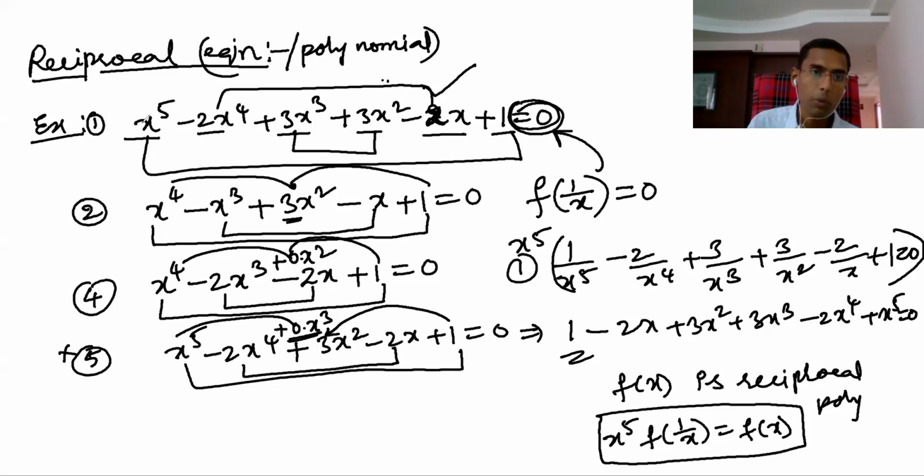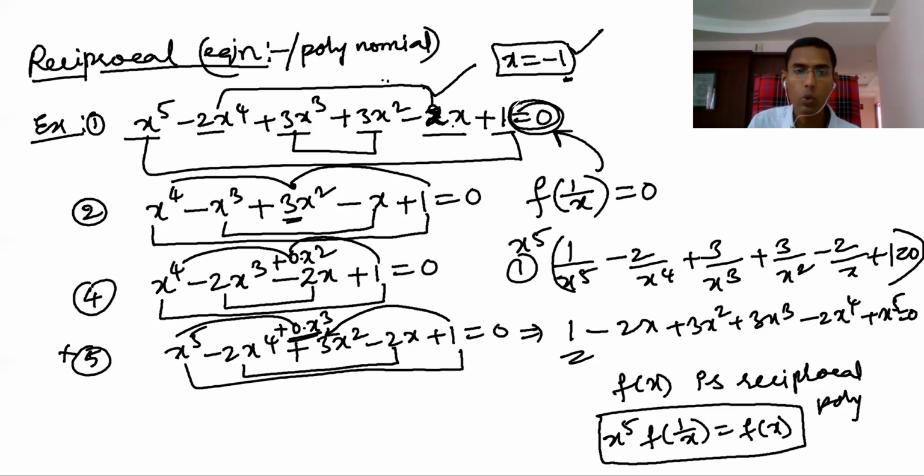If it is a reciprocal polynomial, x equal to minus 1 becomes immediately one root. If you substitute x equal to minus 1, this minus 1 and this plus 1 get cancelled. This is minus 2, this becomes plus 2, this gets cancelled. That means x equal to minus 1 is a root for an odd degree reciprocal polynomial.